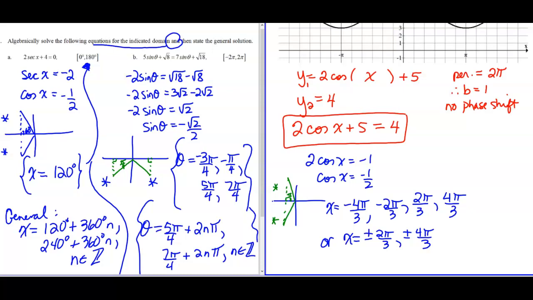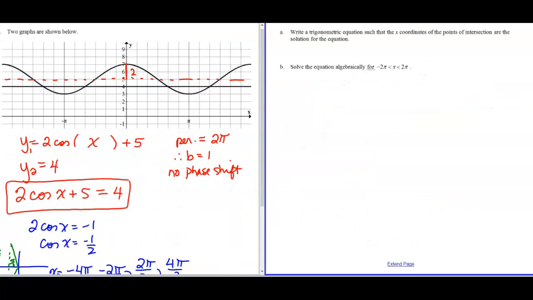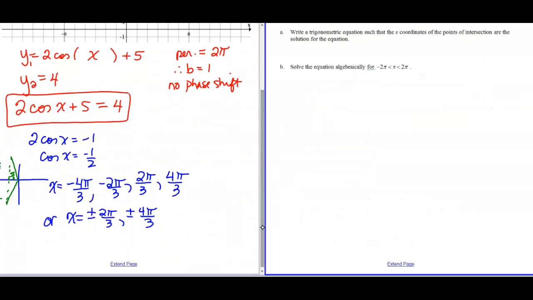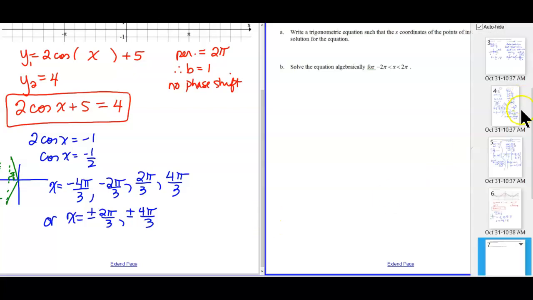So go from your solutions, plot them or graph them on a unit circle, and then think about what your trig equation has to be. I just did all of that on instant feedback. I did it all on one page there.